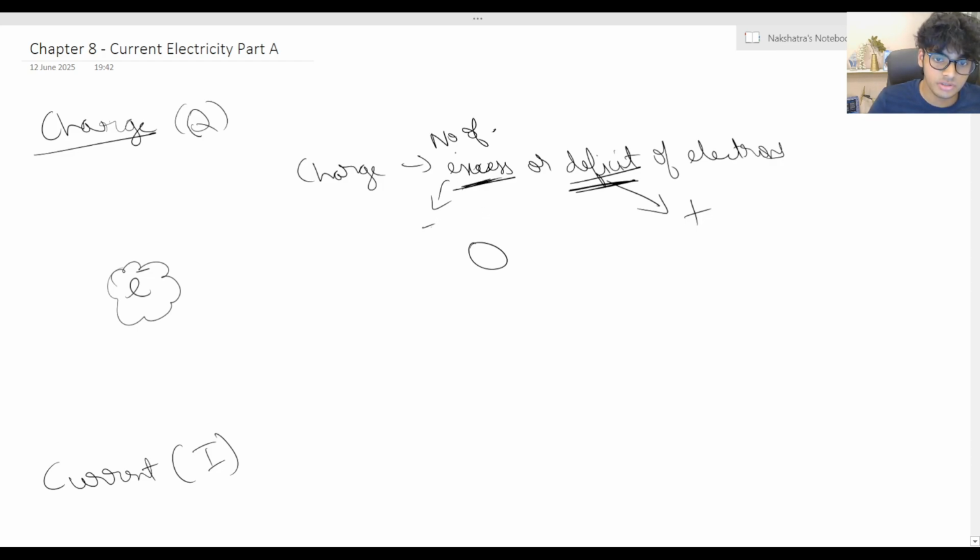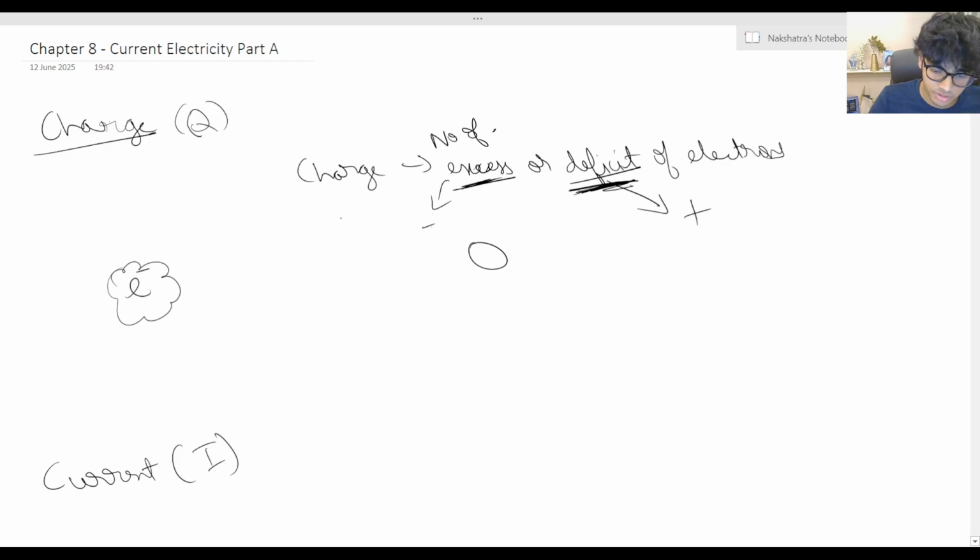How many electrons? That is your charge. Or if it has a positive charge, which means it's in a deficit of electrons, how many electrons does it require to become neutral again, or how many electrons has it lost to make it in a deficit, right?